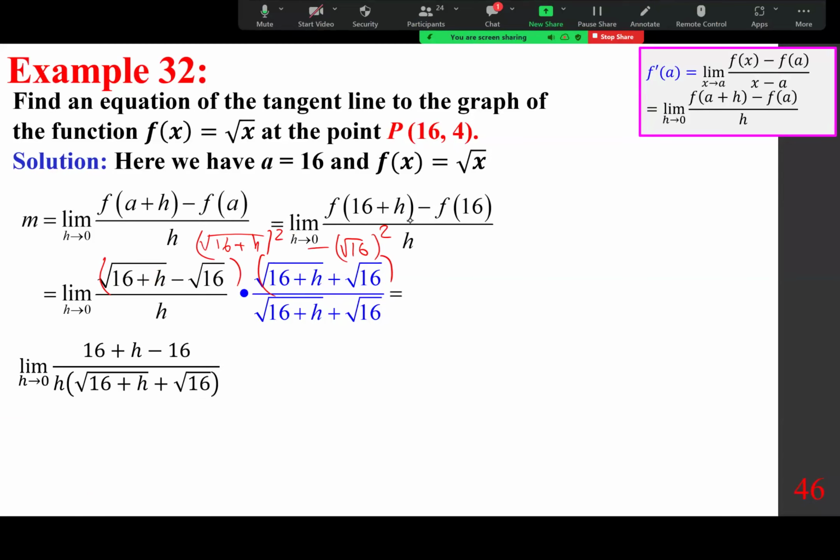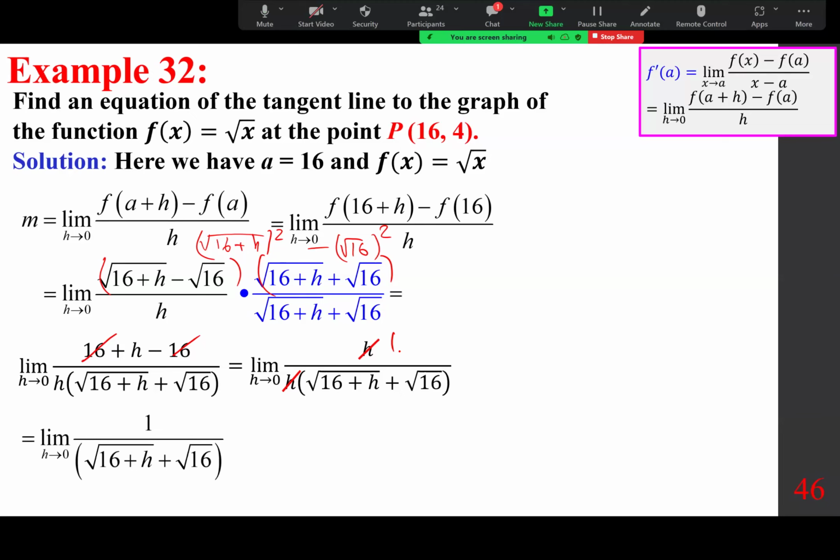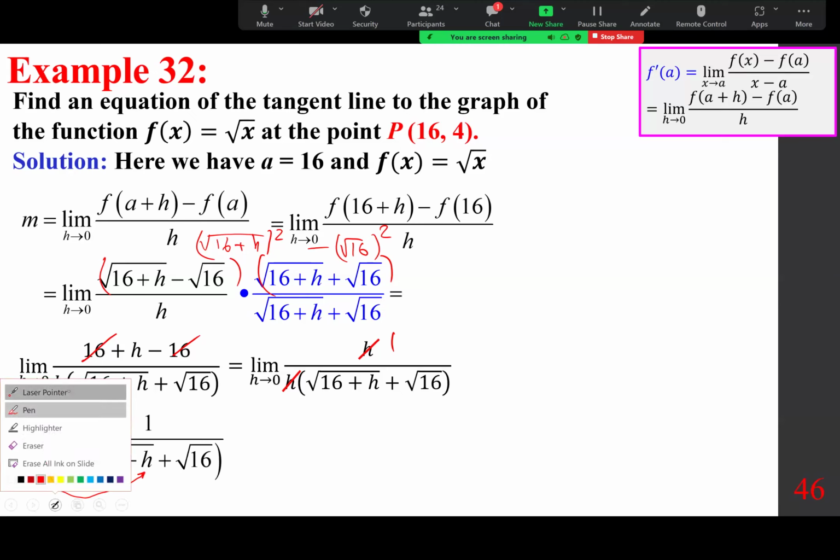That's what you get. These two cancel each other. H and H cancel each other, and the numerator becomes 1. If you replace the h with 0, you get square root of 16. This is 4. This is 4. You get 1 over 8.